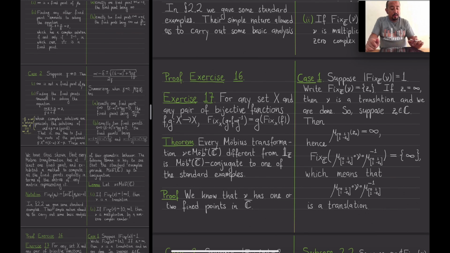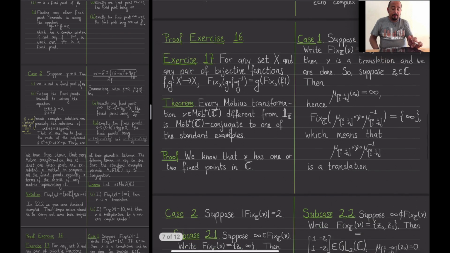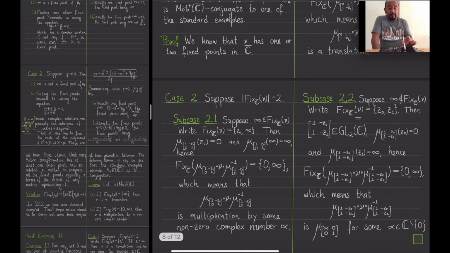Fair enough. And now you can imagine the trick for the case where you have two fixed points. Either infinity is a fixed point or not. If it is a fixed point, the other point has to be a complex number. Then you already have infinity as a fixed point, and you only have to worry about forcing the other point to become zero.